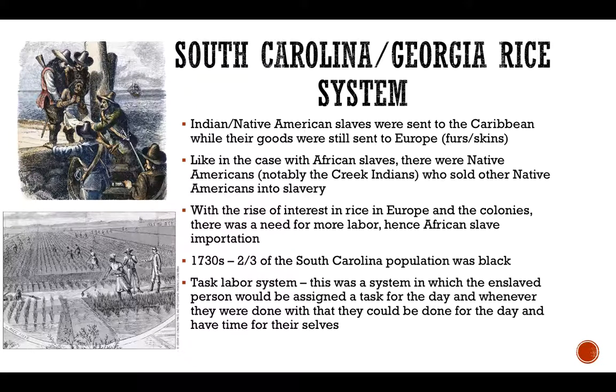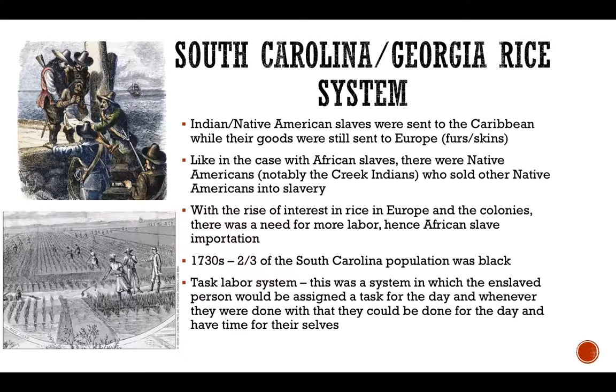You also have the South Carolina and Georgia rice system of slavery. There were many Native American enslaved people who were sent to the Caribbean, and their goods were still sent to Europe.